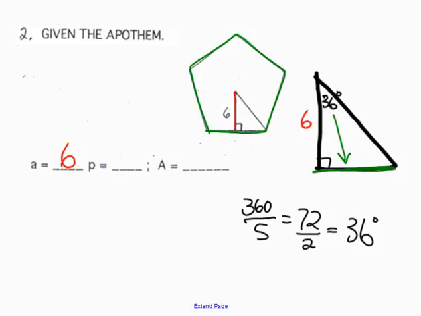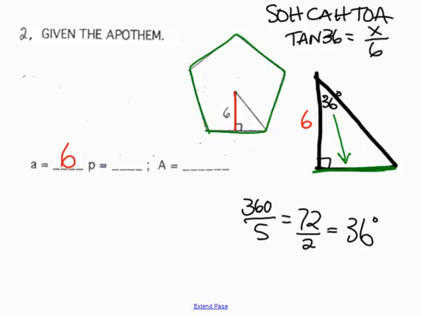So now I'm going to do SOHCAHTOA. Oh yay, it comes back, doesn't it? And this is going to be tangent, right? So tangent of 36 equals the opposite over the adjacent. So x is going to equal 6 times the tangent of 36. And that is 4.4.